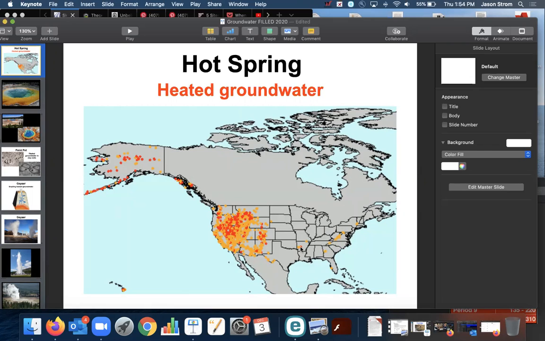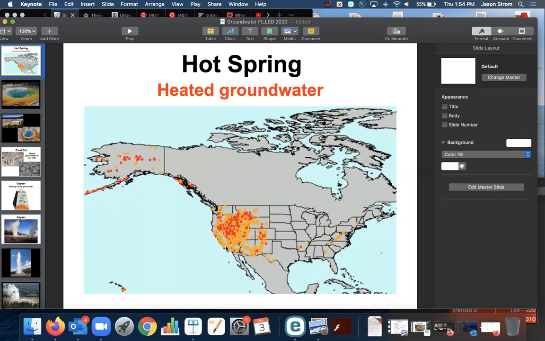There's Hot Springs, Arkansas, which is kind of an anomaly in there. It's kind of an outlier, but that's where it got its name. You have some out in the Rocky Mountains, Yellowstone National Park in Wyoming.